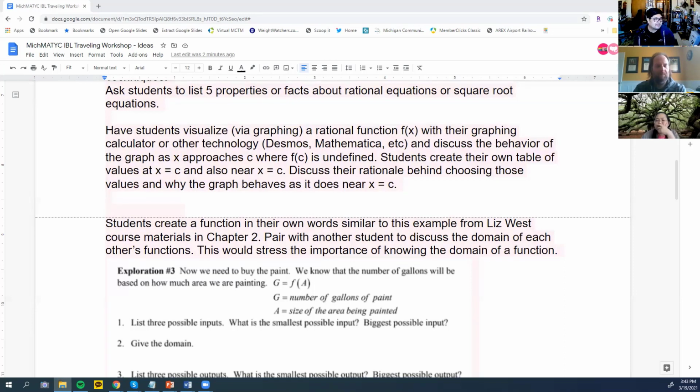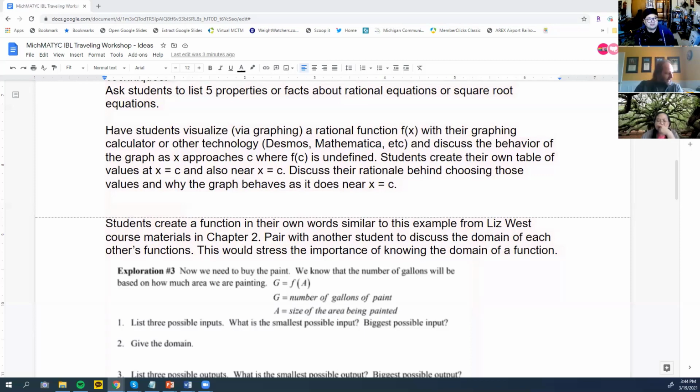I did something interesting, and we'll see how it works out, because my students are turning in the assignment this upcoming weekend. We're talking about piecewise functions, and I find that that's one of the areas where students really struggle with domain.